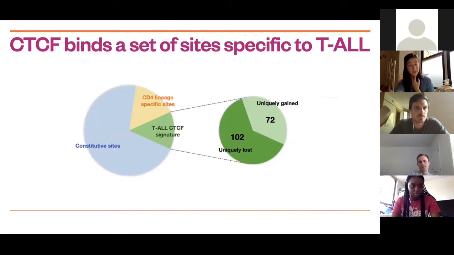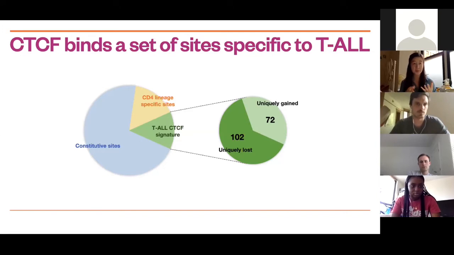What we found was that there's actually a set of CTCF binding sites that are totally unique in leukemia. They're binding to places where in any other cell type they're not found. In every single cell you can think of, CTCF is bound to a certain location, but at that location in leukemia, it's actually lost.